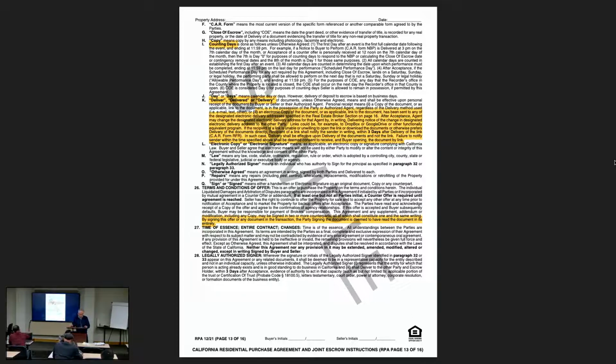And then go to, with respect to the legally authorized signers, paragraph 28. Rather than having to use the RCSD, you have a legal authorized signer. You have to identify yourself on page 15, and then you represent that the entity for which that person is acting exists, is in good standing to do business in California.